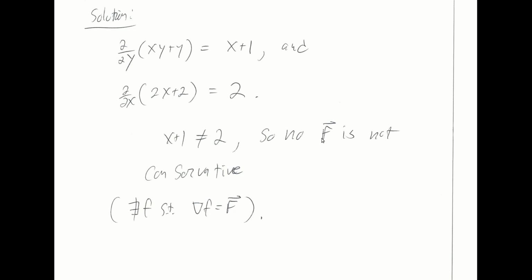Therefore, big F hat is not conservative. So, no, big F hat is not conservative. That is to say, there does not exist any little f such that the gradient of little f equals big F. It is impossible to find a scalar valued function whose gradient gives you this big F.